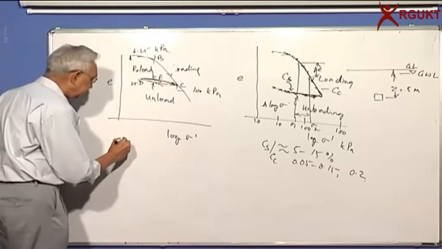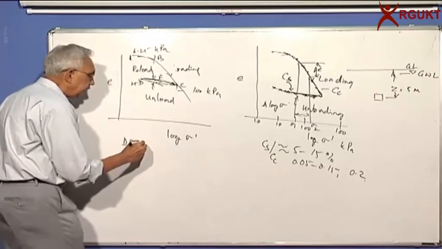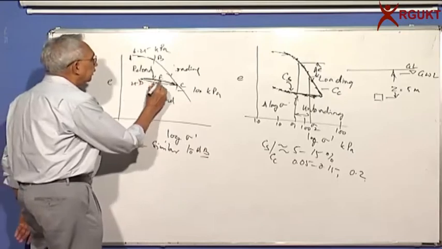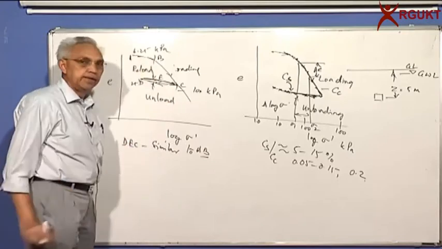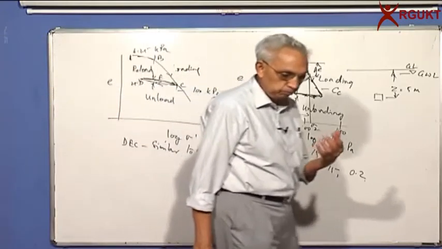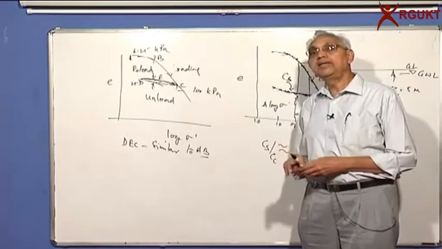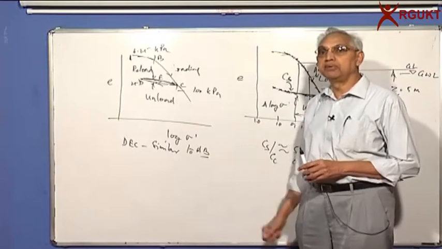And the D E C curve is similar to AB. This part of the curve is similar to this. It probably tells you that maybe from A to B it is reloading and not first time loading.